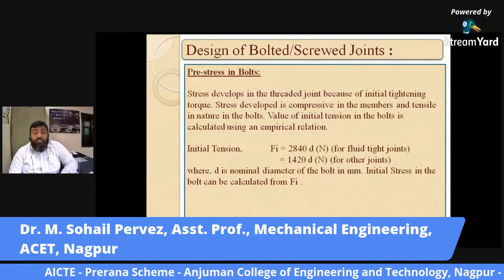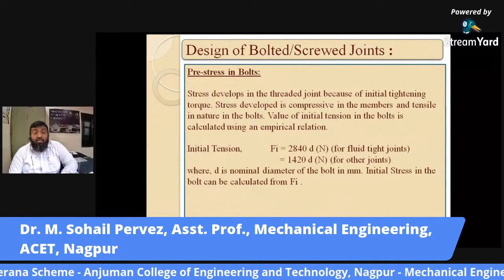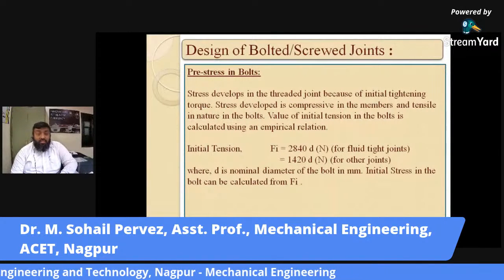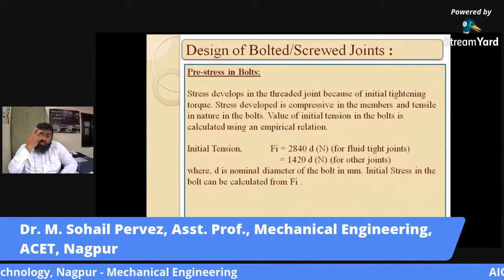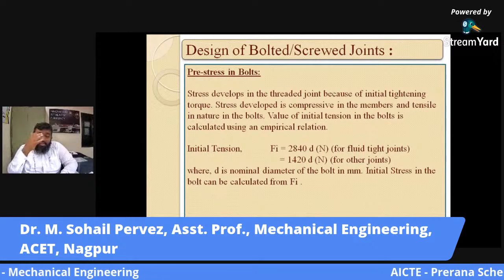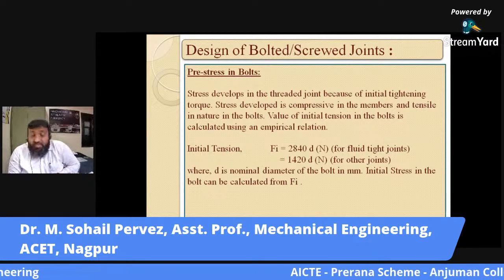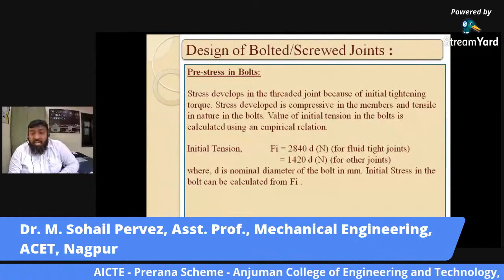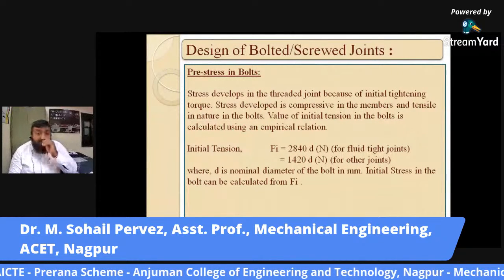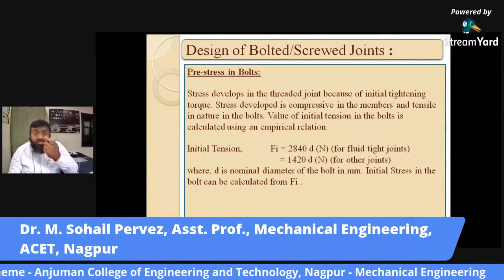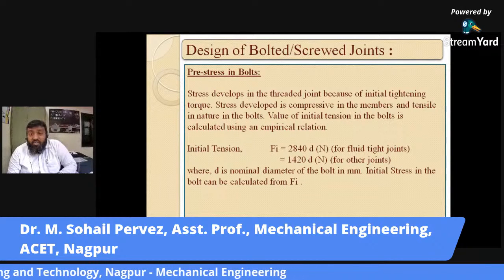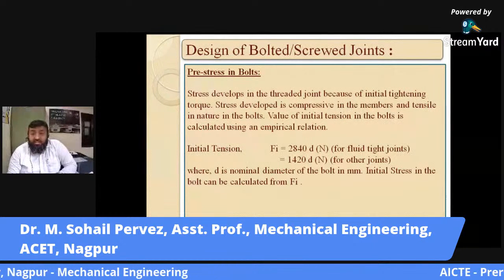Next, pre-stressing in bolts. You might have experienced this many times. If the tire of the bike gets punctured, we start with the unscrewing of the tire of that bike.